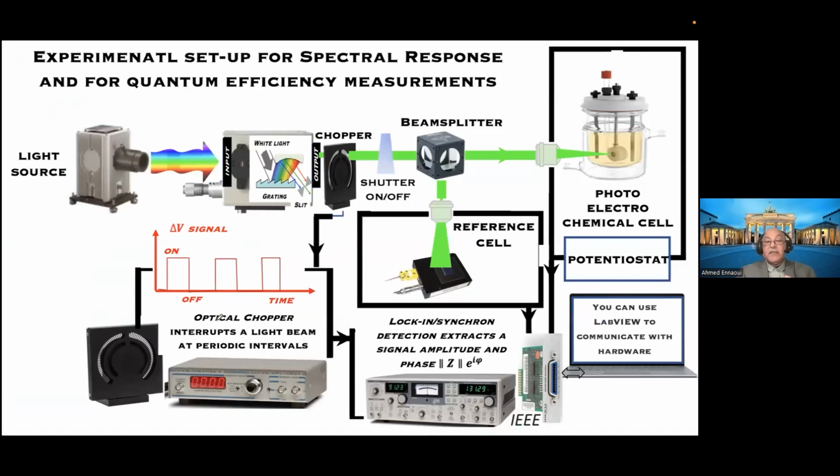The last thing I want to show you is this setup, which is very important in order to get the spectral response of your semiconductor. You see here again, I put the three electrodes. Here is the working electrode.